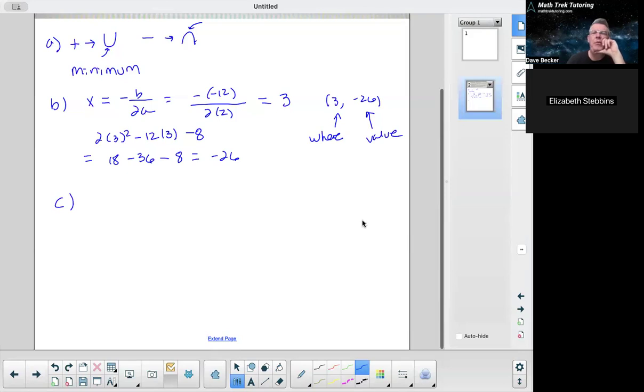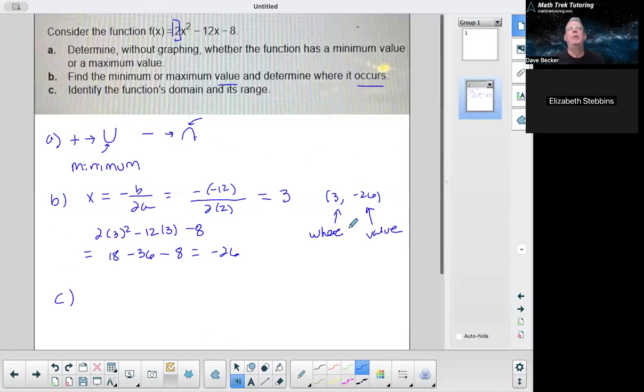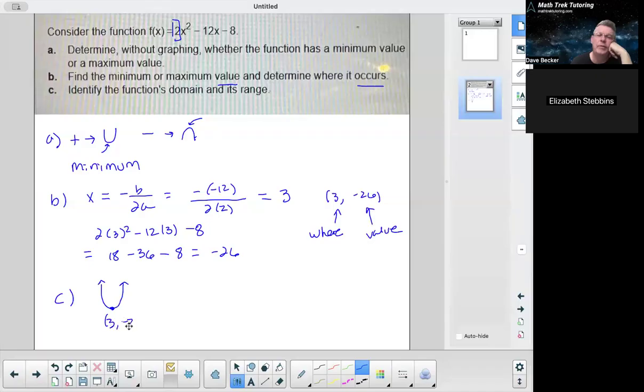Okay, so then the domain and range. First of all, do you recognize that as a parabola? Do you see a quadratic and go, yeah, that's a parabola? And are you able to see if it's happy or sad? If you can graph, you can, right? You know that the very minimum is at 3, negative 26. So tell me generally what is the domain of a function? It's the x values, and in this case, negative infinity to infinity.